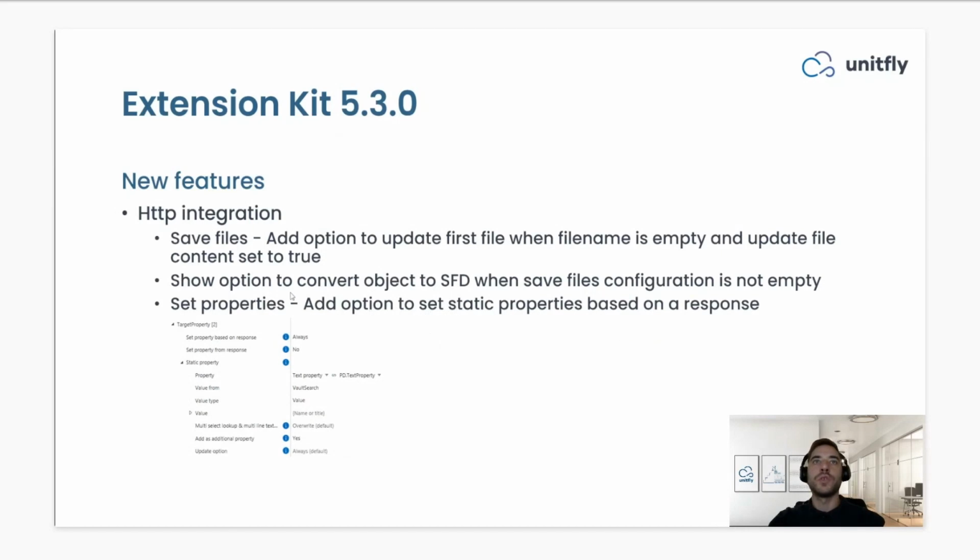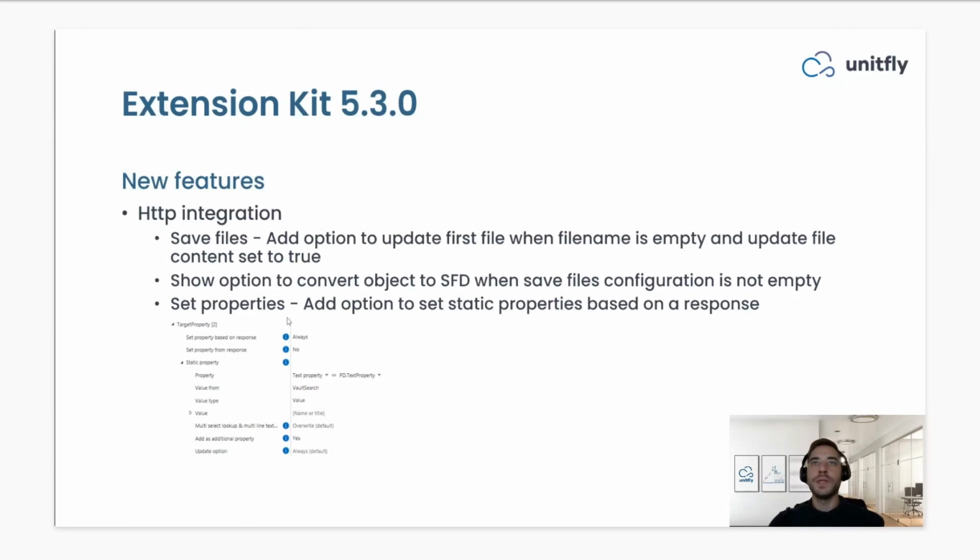We also added the option to convert objects to single file when you are saving some files, and of course this object will be converted to single file only if it contains only one file.